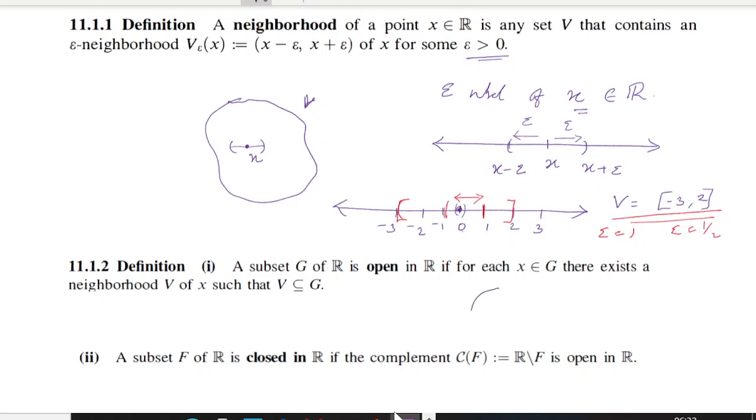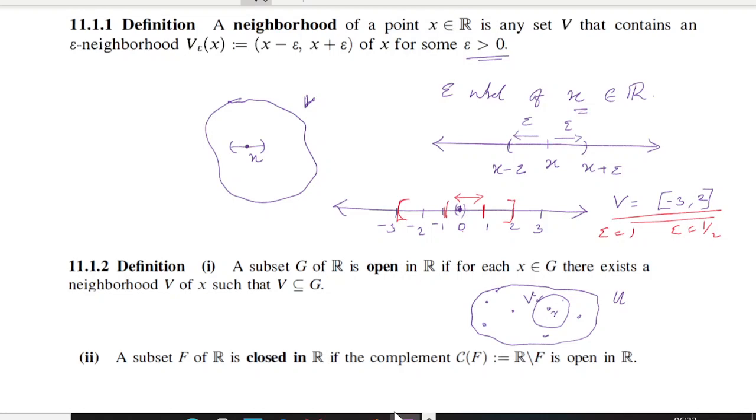So suppose I have a set over here. This set I am naming U. When you say that this set U is open, the condition is that if you take any point of this set, there should exist a neighborhood V of this point.